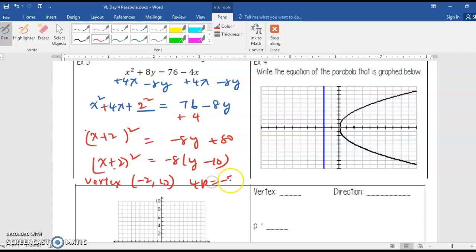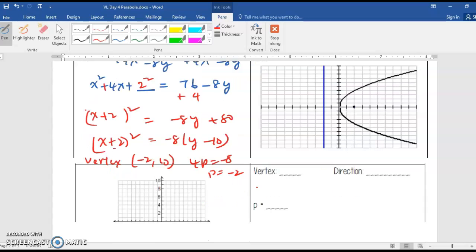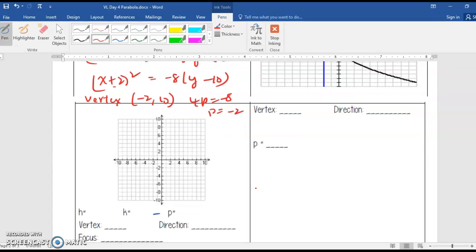For P is negative 8, so P is negative 2. So it's obviously an upwards or downwards direction, so vertical one. So it's going to be downward because it's negative. So H is negative 2, K is 10, and P is negative 2.